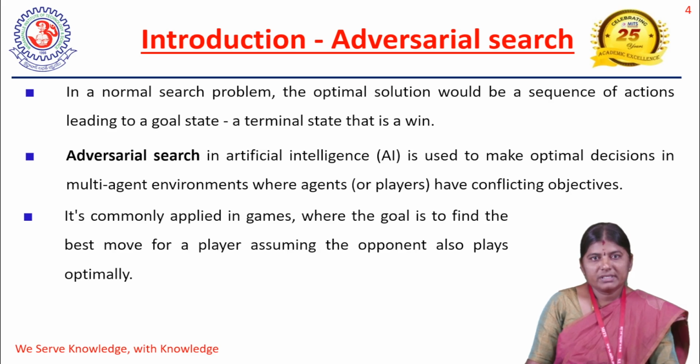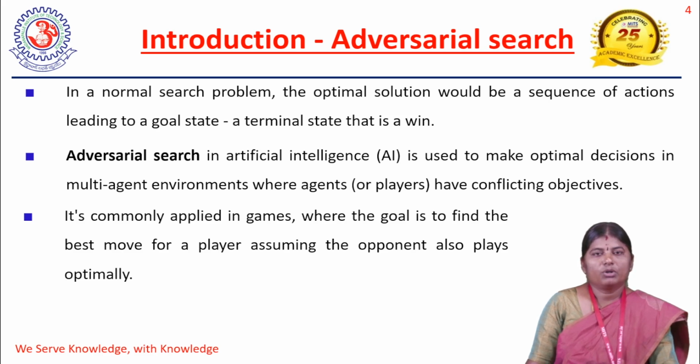Adversarial search is commonly used in artificial intelligence, machine learning, even deep learning and computer vision. So why is it used? It is used to find an optimal solution in a multi-agent environment where agents have conflicting objectives.